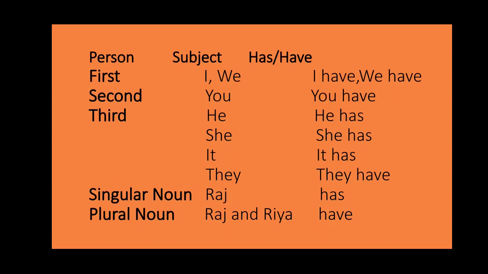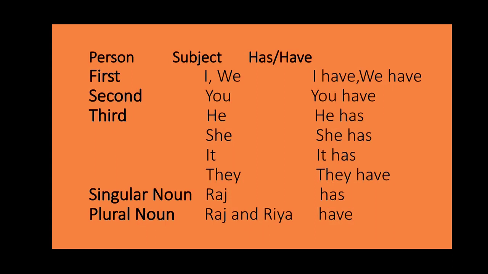Singular noun Raj, only a single person is there, one person. Raj has. Now plural, Raj and Ria. Now we have two persons here. It became plural. Raj and Ria have. I can give you a few more examples of singular and plural nouns.